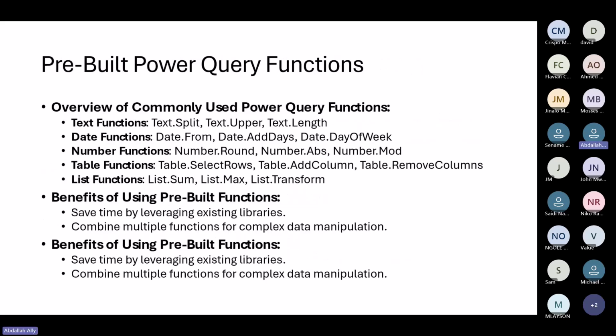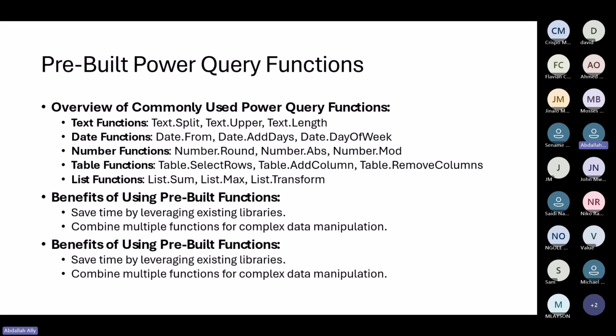There are actually 2 kinds of functions in Power Query. We have those functions that are inbuilt. They come with Power Query already, like a function for splitting text, which is the Text.Split function. There are so many. You can get an uppercase of a string using the Text.Upper function, or the length of a string using Text.Length.